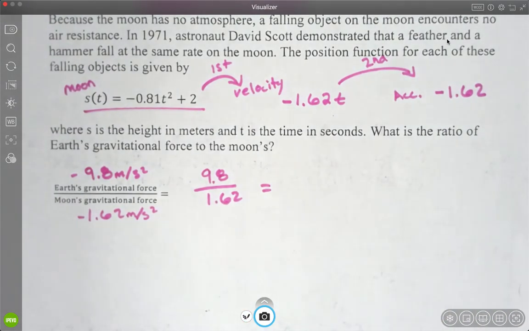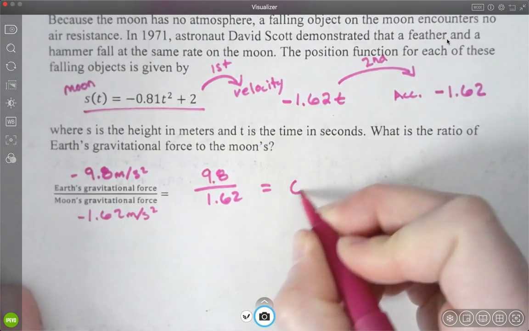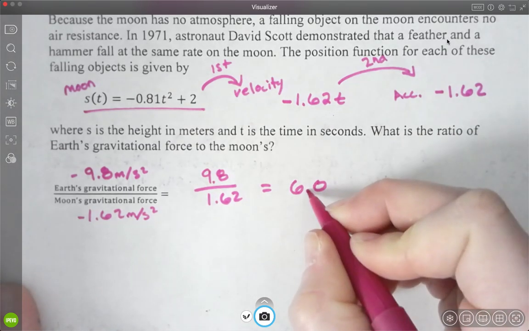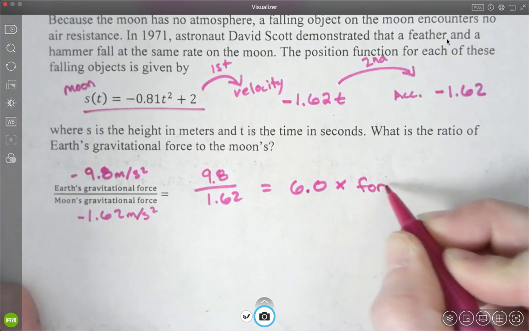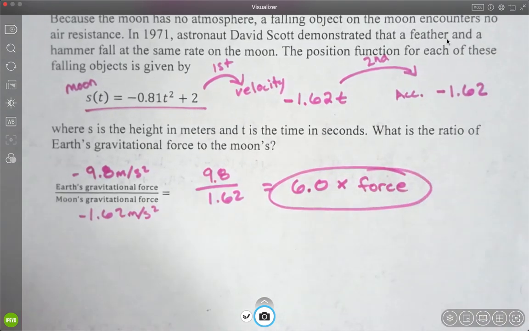So our force is how many times stronger than theirs? 6 times, 6.0 something, right? The force of our gravity is 6 times more than that on the moon. Does that make sense? So that's why you feel so funny if you go to the moon or come home from the moon. It's because you're used to a gravitational pull that's 6 times larger than what you're actually experiencing on the moon.